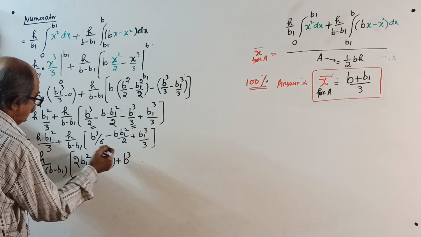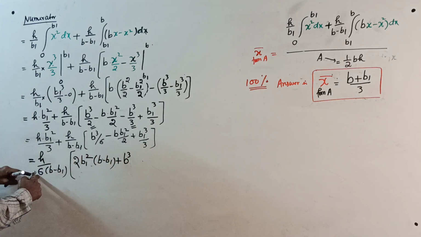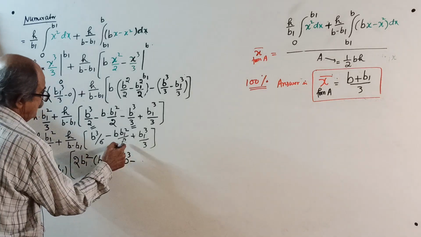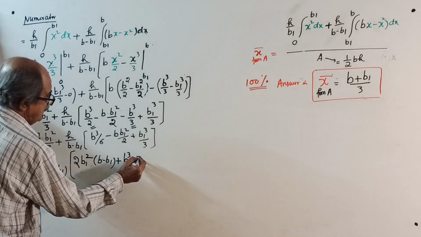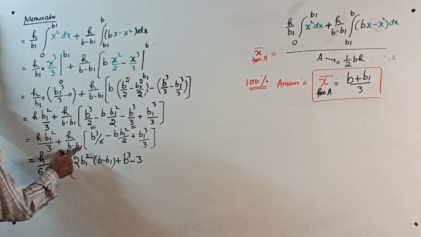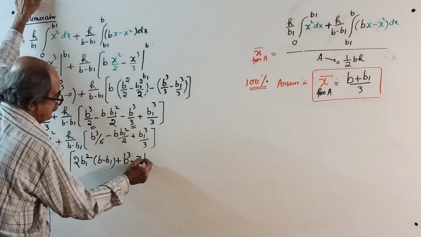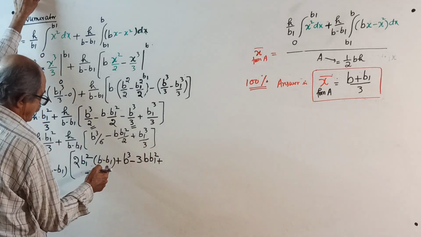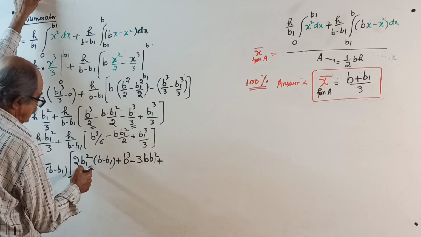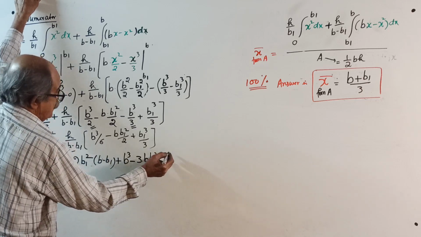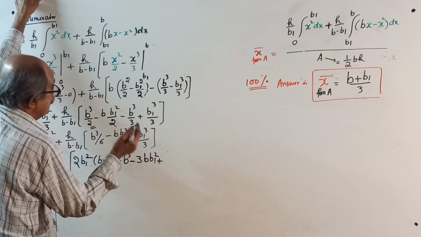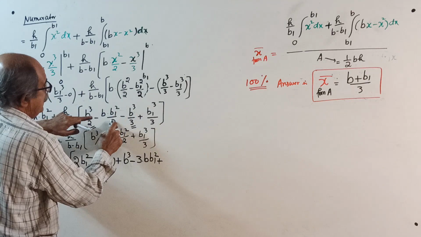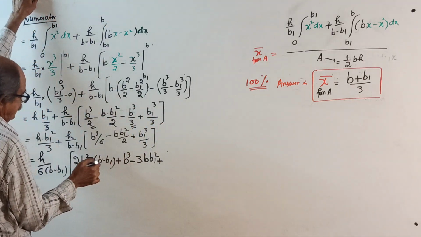Only b cube, because 6 has gone here, h by b minus b1 outside, so b cube minus 2 is there, 6 outside, 3 what? b1 square, 3b b1 square plus 3b b1 square plus b1 cube, plus or minus, plus minus plus, correct, plus.